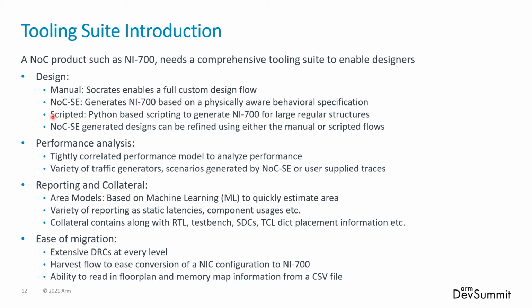Or they could make use of scripts, and we have a Python-based scripting environment, and this is quite helpful in case there's a very regular structure, as an example, if you can generate a tile and just stamp it out repeatedly. Finally, any of these designs which have been generated, especially the ones generated by NoC-SE, could be refined either using the manual flow or the scripted one.